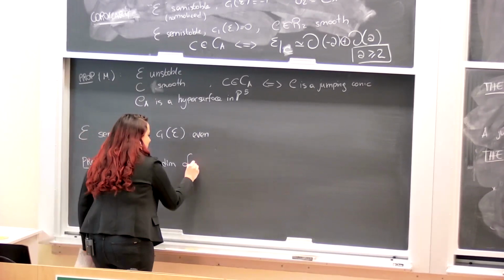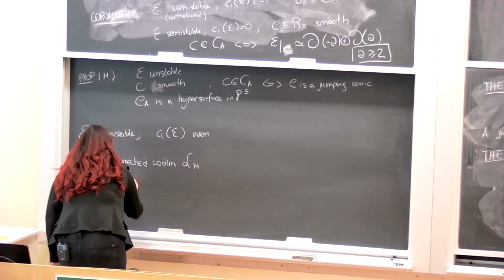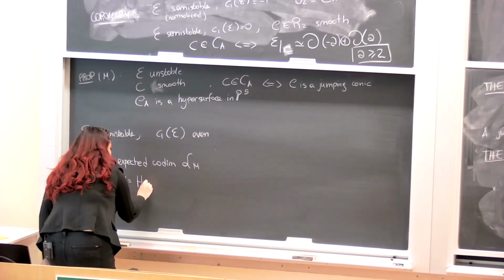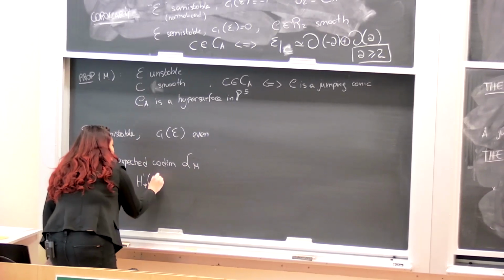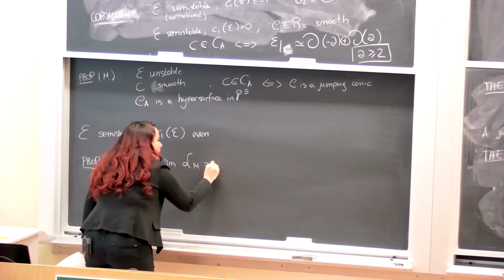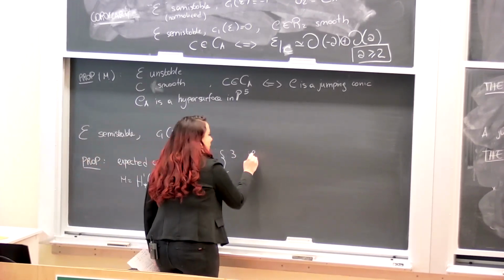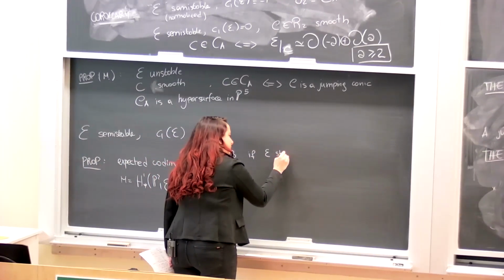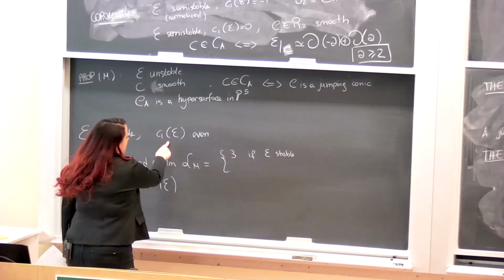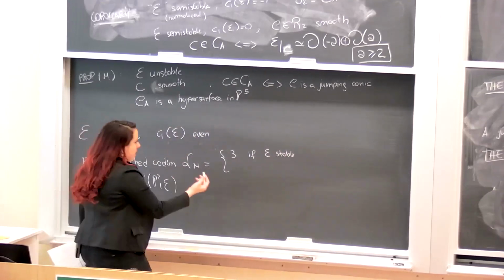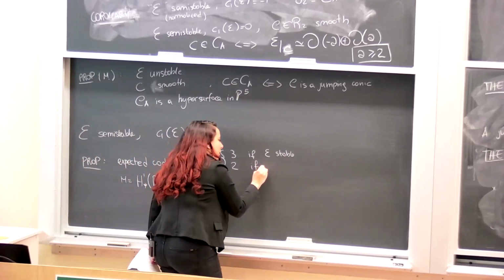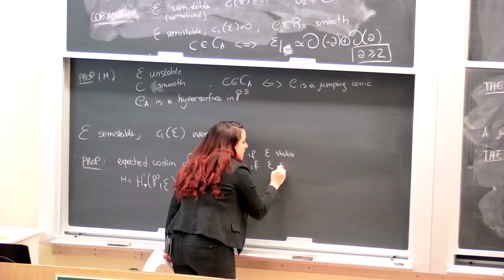For M, where M is as above, it is 3 if E is stable, and it's 2 if E is semi-stable.